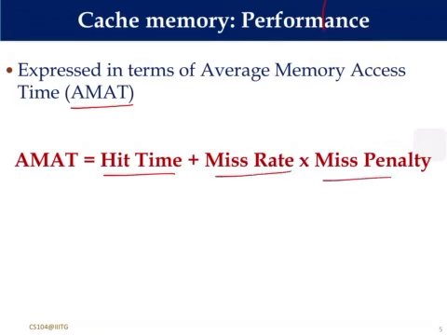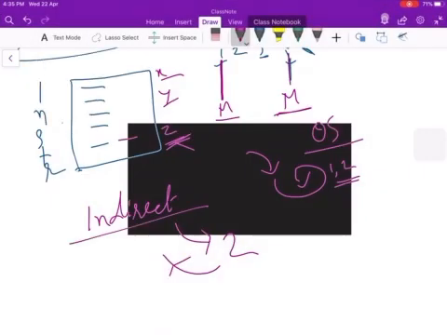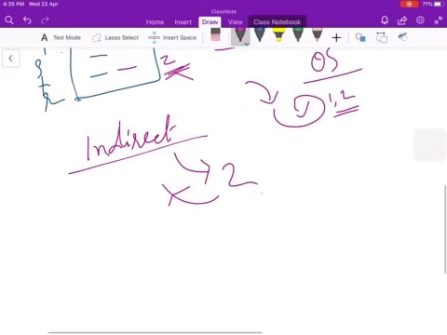Now the question is how this comes about, right? To understand that, let us come here.